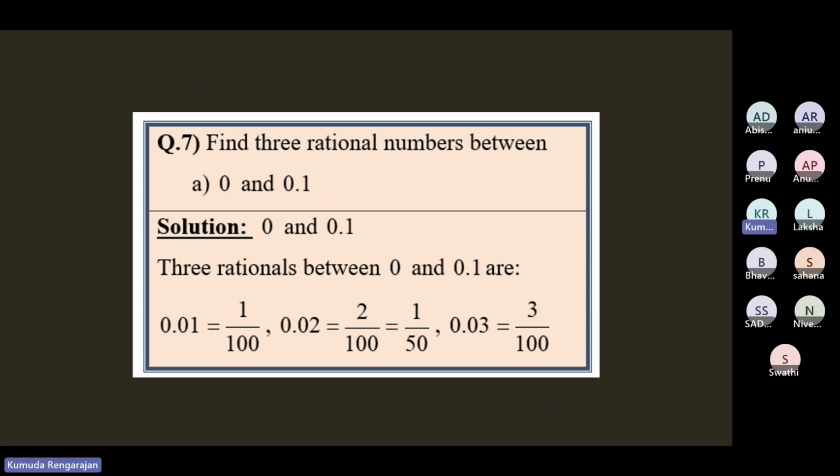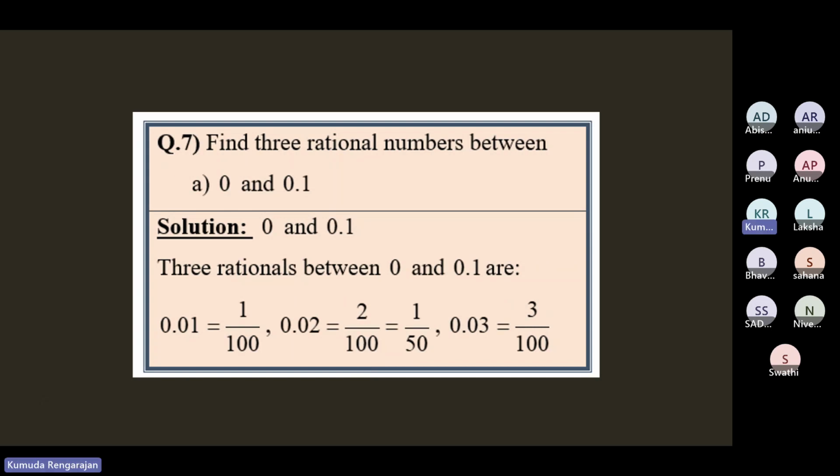See, you can get different answers, children. I'll just explain what I have done. Between these two numbers, I have written 0.01, 0.02, 0.03. What is 0.01? 1 by 100. This is 2 by 100. This is 3 by 100. And then wherever it is possible to simplify, you should simplify. 2 ones are 2, 50 times. So 1 by 50.